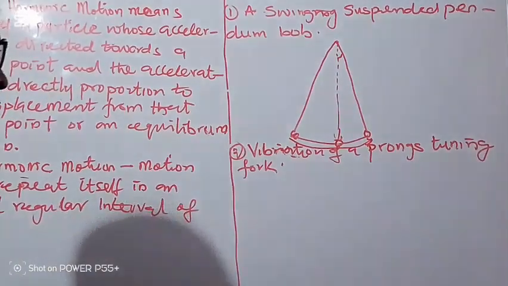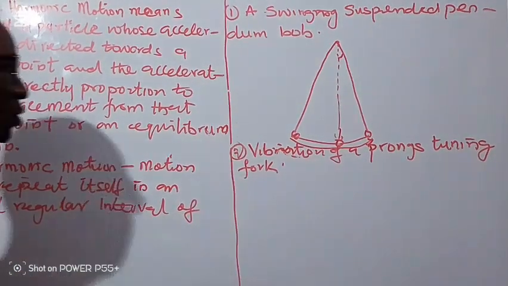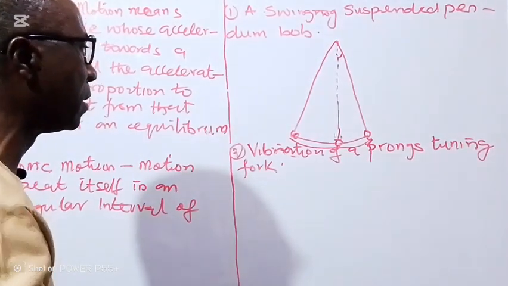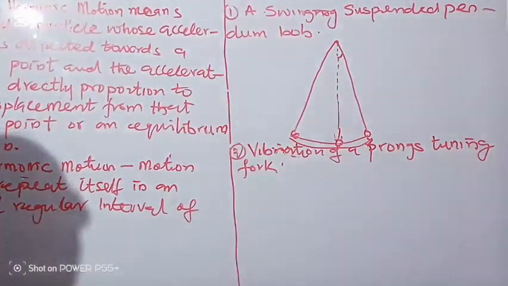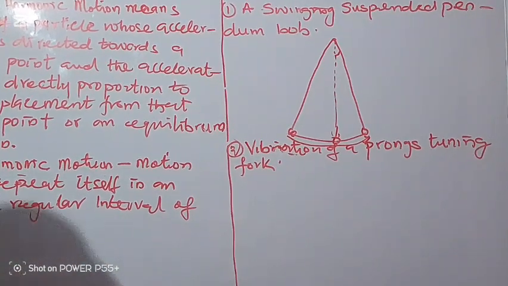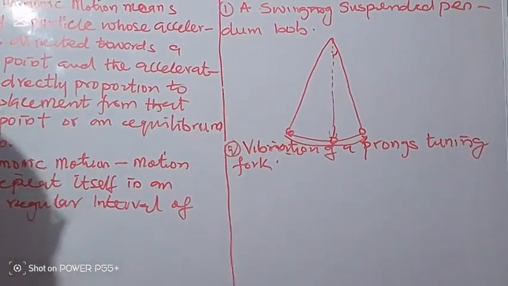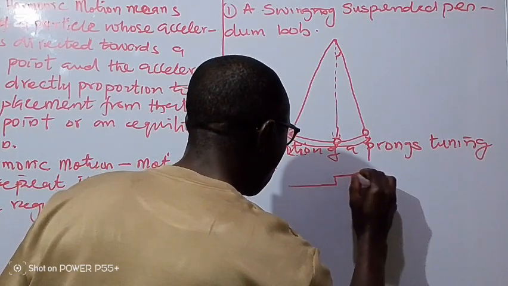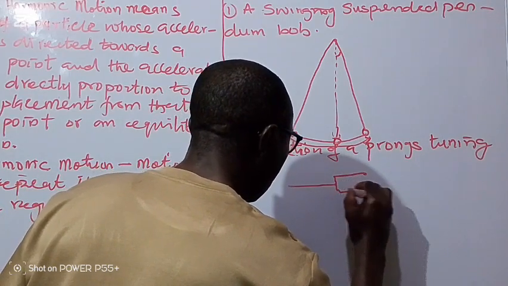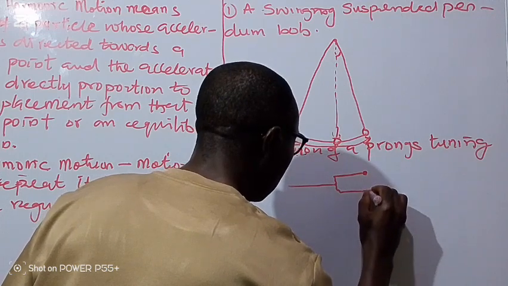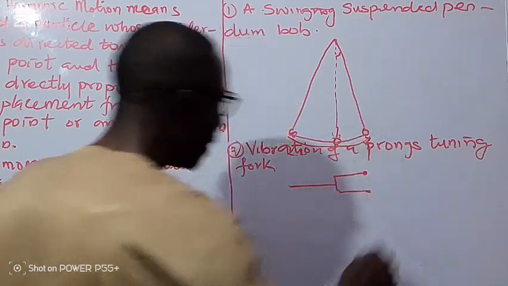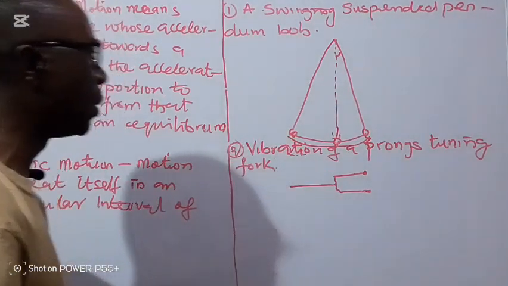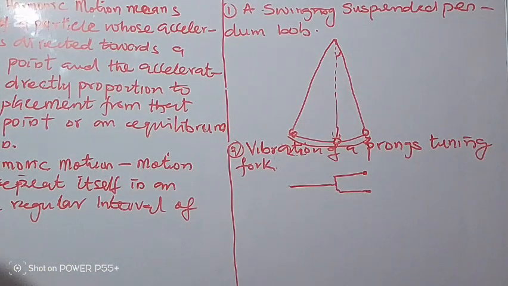When you take a tuning fork and hit it on a hard object, it will vibrate. That vibration also is a typical example of simple harmonic motion. A tuning fork is something like this, with two arms. So when you hit it with hard material, it will vibrate, and the vibration is a typical example of simple harmonic motion.